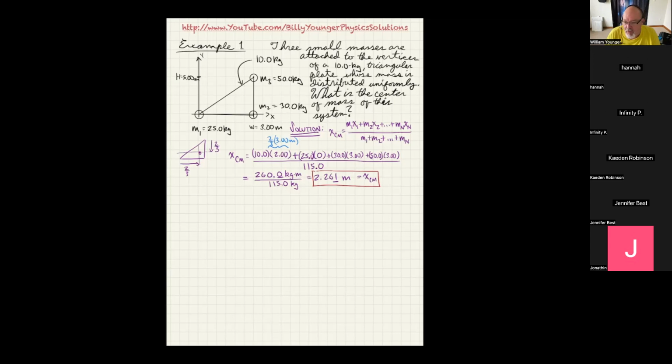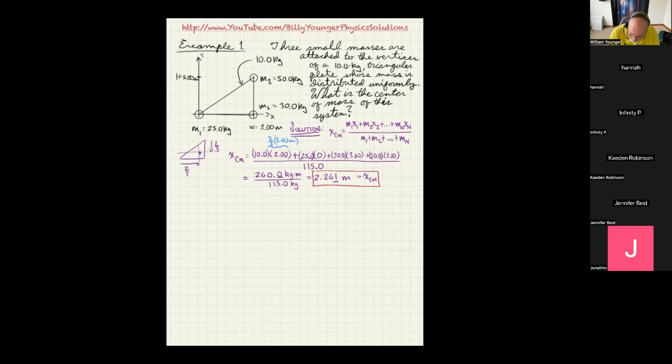This one included an actual physical body, the triangular plate, and then I pretended like the three masses were point particles. But you can do that. Any mass you have, if you know where its center of mass is, you can pretend like it's a point particle, and that just works out fine. So that's what I did with M1, M2, and M3, is treat them as if they're point particles.